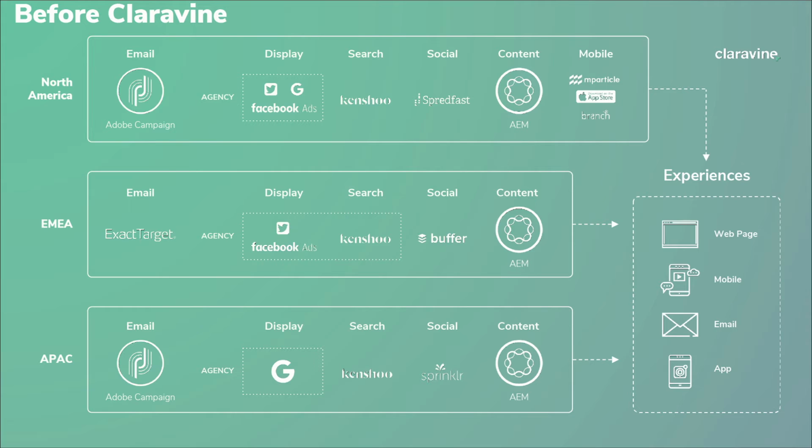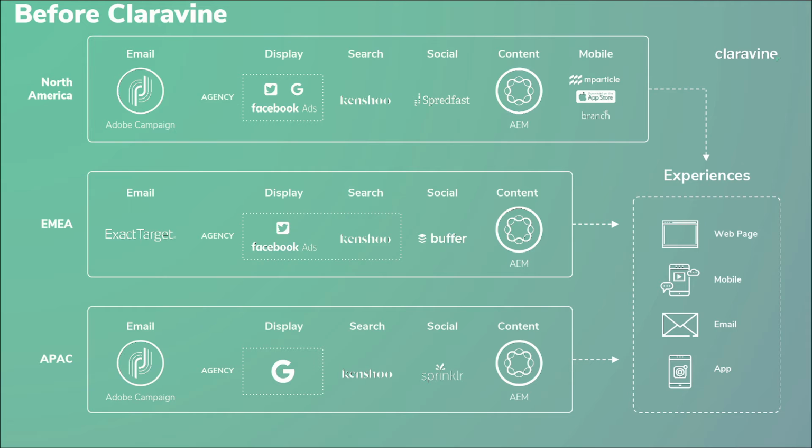Now, if we look at a more representative example across a large enterprise customer, there may be standard solutions in play, but there are also many different people using different versions of those solutions. If you look at the North America team as an example, they may have Adobe Campaign for their email solution. They have an agency running their paid media, paid display. They're using Kenshoo, managing their search in-house. And they have a social publishing tool, and they're using AEM for their content management system.